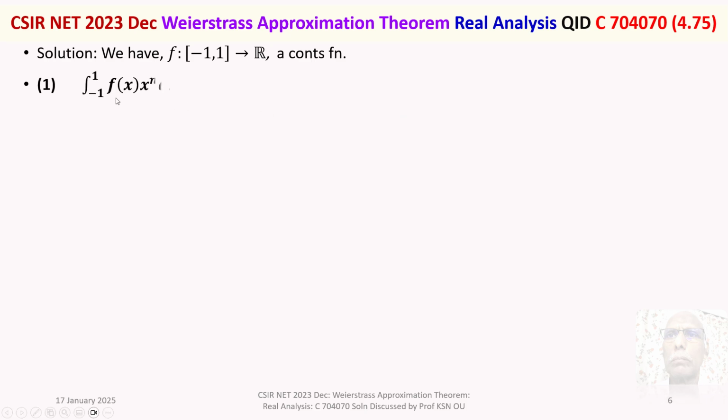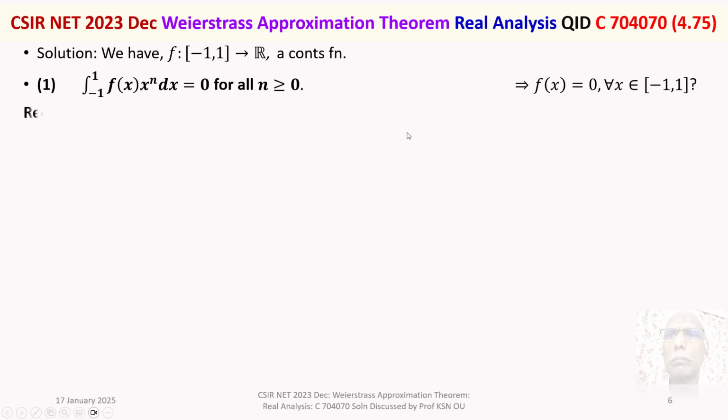So let's take the option 1, integral -1 to +1 f of x to the power of n dx is equal to 0 for all n greater than or equal to 0. Will it imply f(x) is equal to 0 for all x belongs to -1 to +1?